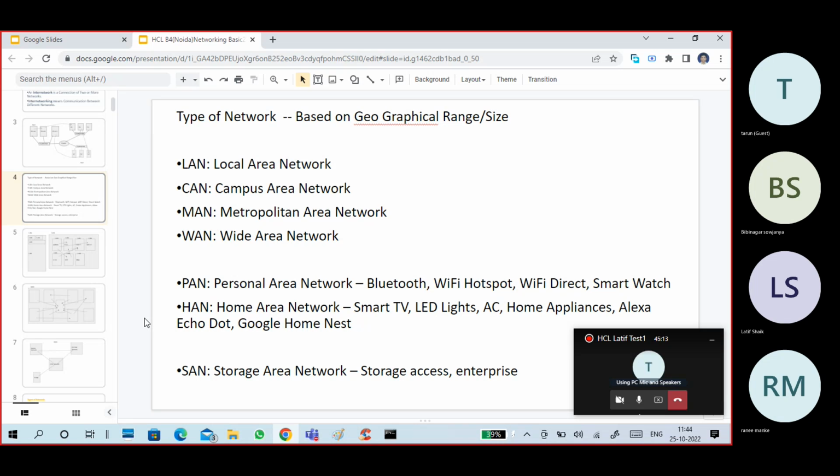LAN is smaller. The larger LAN within a campus is called a campus area network. Larger than a LAN means multiple LANs come together, but within a city, that is metropolitan. A combination of LANs connected globally is called a wide area network.